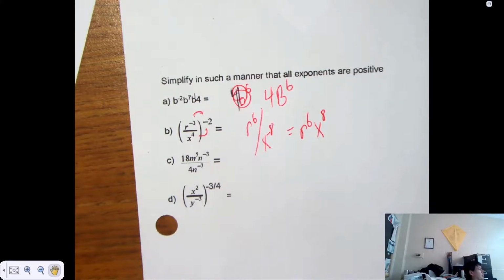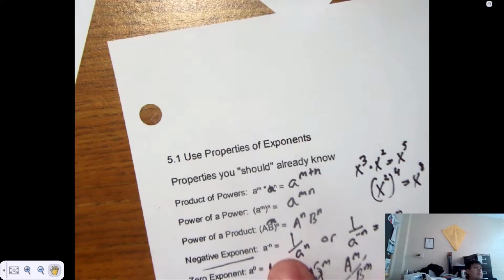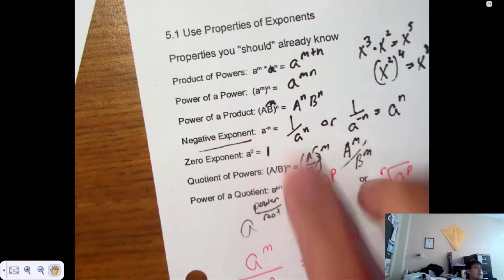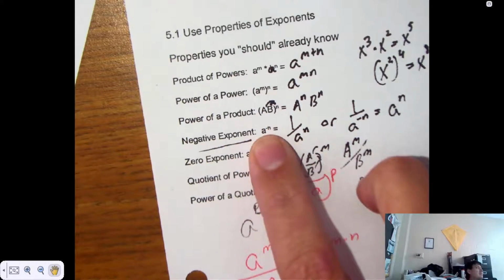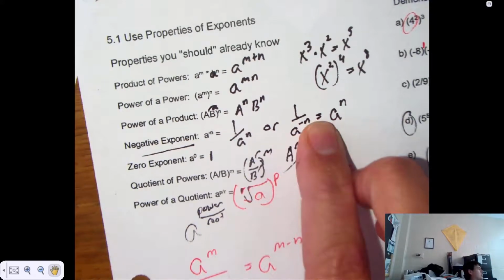What do you got, Spencer? There's a rule right above that deals with negative exponents. Yeah, right there. A to the negative n is 1 over a to the positive n. Or, I don't know if you wrote the or part, 1 over a to the negative n is a to the positive n.